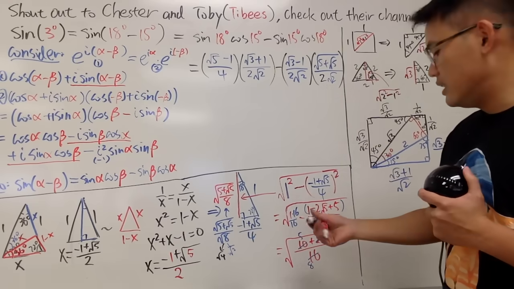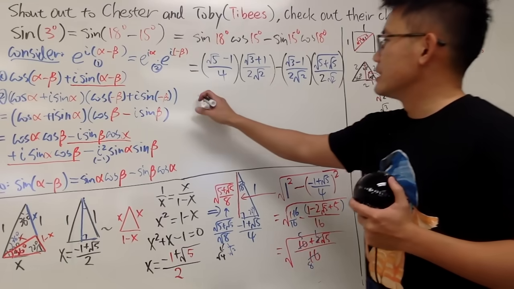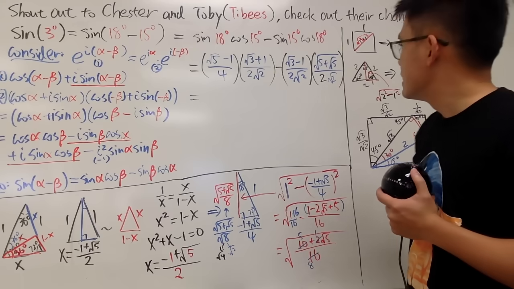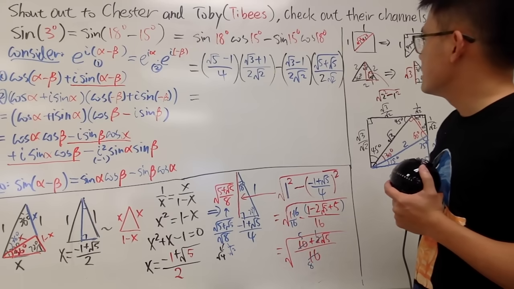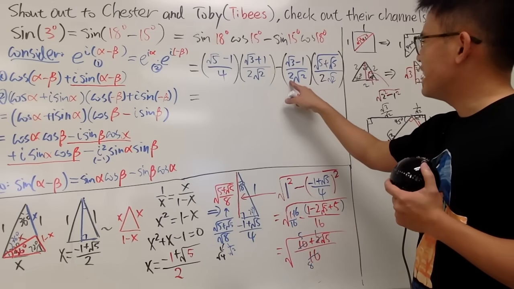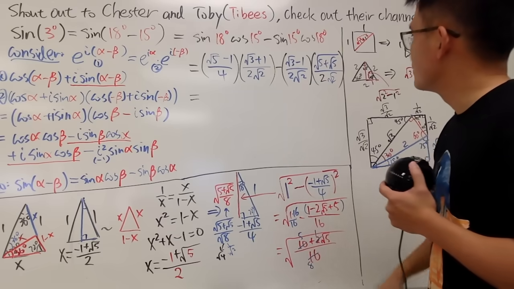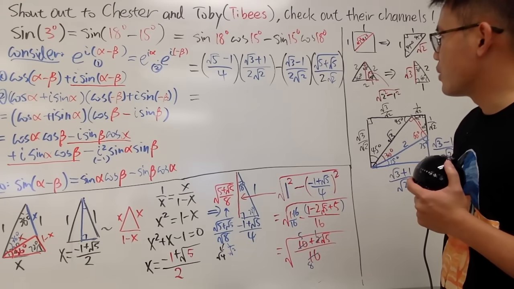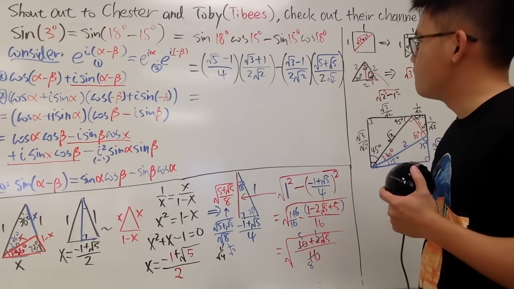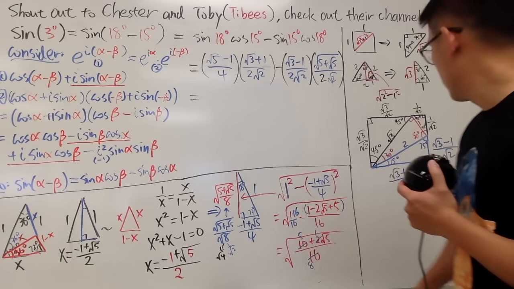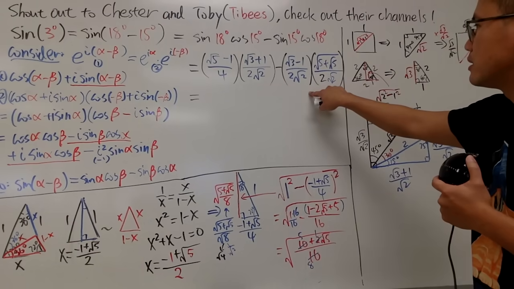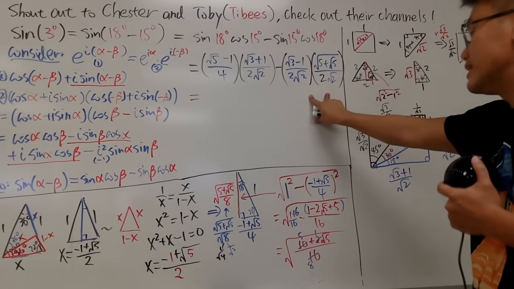In the end, let's see if we can simplify this a little bit or not. Not so much though. This is 2, this is 8, this is 8, this is square root of 2. What can we do? Nothing too much, huh? This is 4 times 2, that's 8, and the square root of 2.